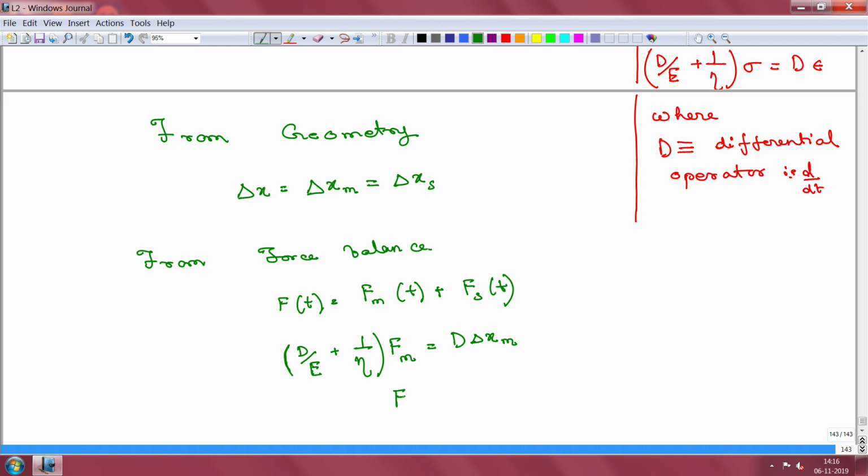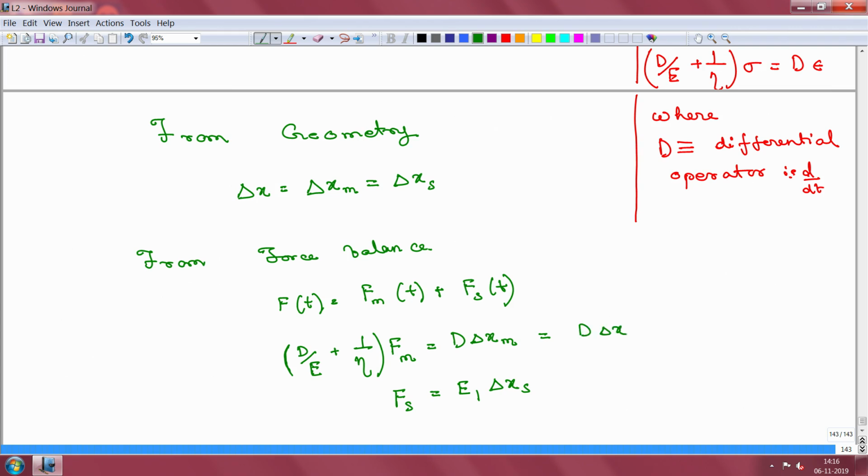Similarly, the force in the spring is E1 times delta x s, right, which is, by the way, remember please that this d is a differential operator.